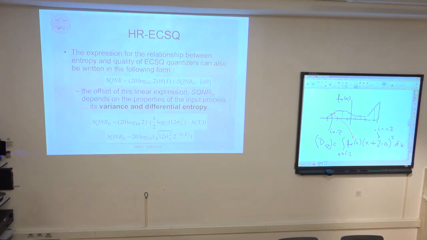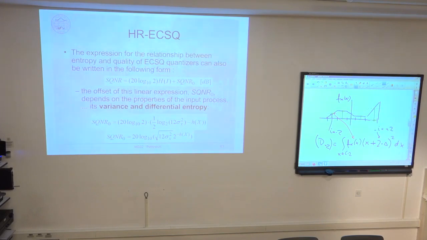Based on this simplification, where we substituted the actual PDF that was a function of x with a constant in a range, in a class, we could derive this final expression that relates quality and rate. This final expression is a trivial expression, a simple linear function as before, but now we have this offset part that depends on the type of the process.